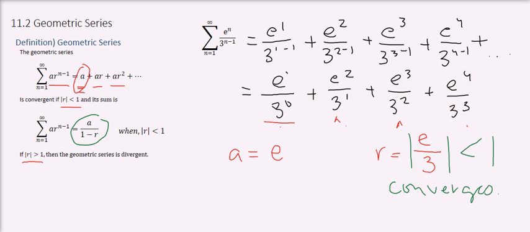Since it converges, we can find its sum. So the definition of our sum, like we said over here, is that the sum of this series is going to be equal to a over 1 minus r. So here we know that our a is e, and we have 1 minus our r, which is e over 3.